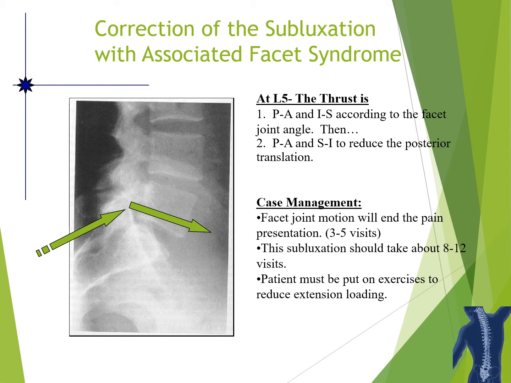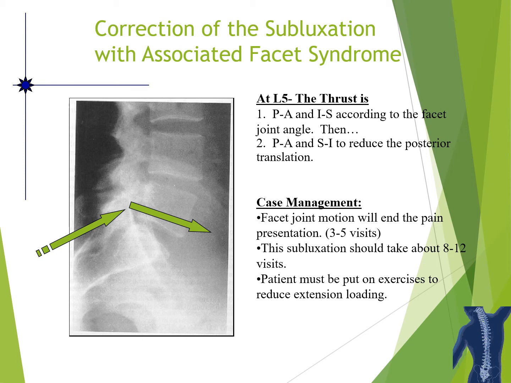These patients are given exercises to reduce extension loading. These are core exercises, flexion exercises, anything we can do to get them to open up those facets with exercise and support the anterior core, because in a facet syndrome presentation like this, there may be an increase in lordosis pushing them into that extension position with the lumbar spine or the pelvis.